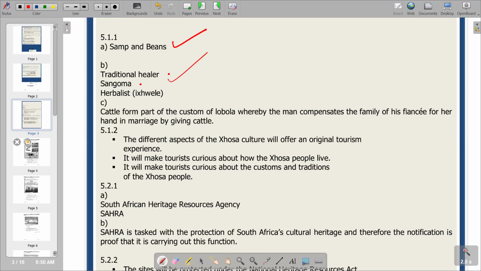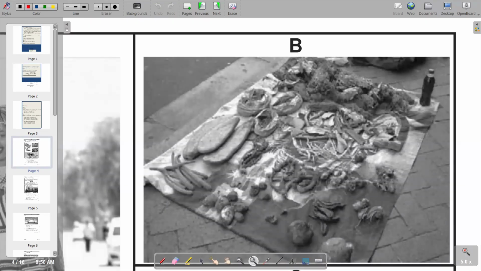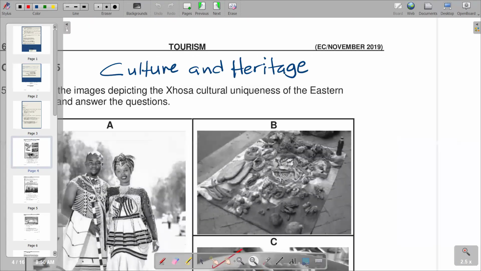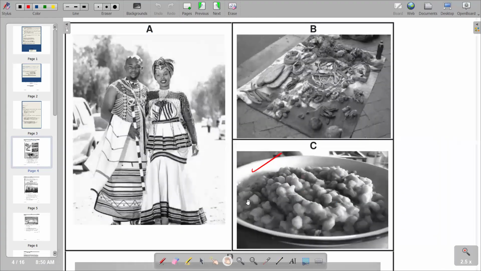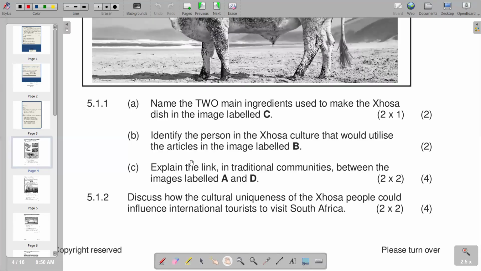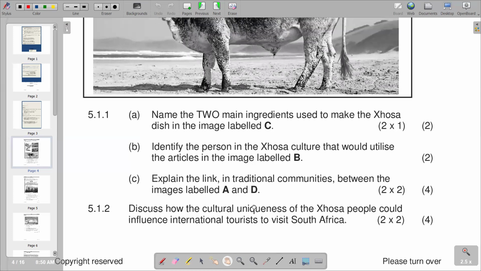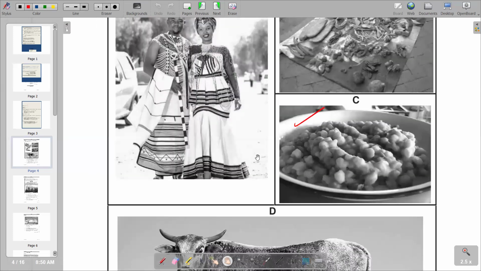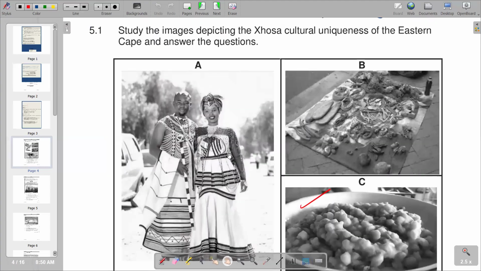So moving on to the next question. Our next question is going to be question C. Explain the link in traditional communities between the images labeled A and D. So if you look here, you see that in image A there are people that appear to be a couple in a traditional way.